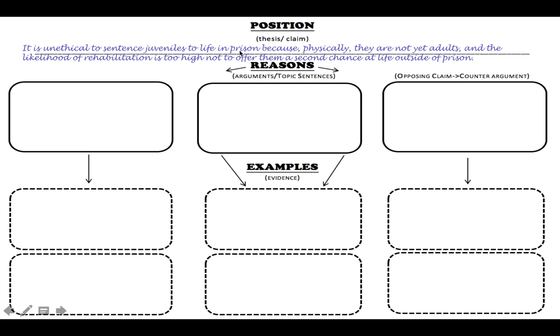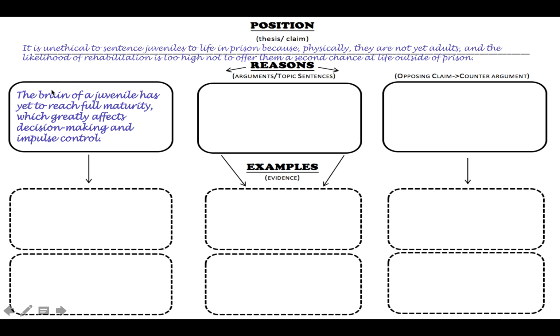If we look at this thesis, we see that it's pretty clearly divided into 2 parts. Part number 1 is talking about the biological and physical development of the brain and trying to prove that juveniles are not adults, so they shouldn't be treated as such in a court of law. So if we take that first topic, we can put it right here, and that'll be our first topic or first argument.